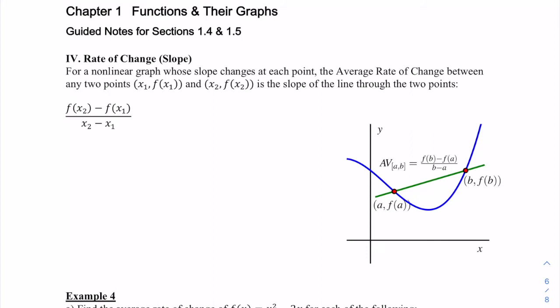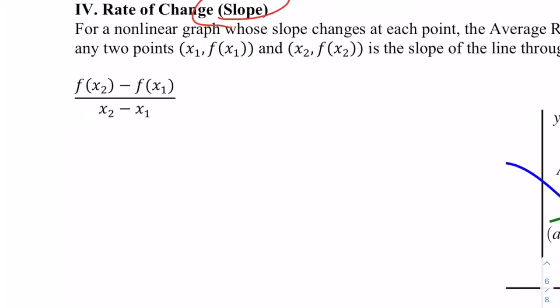Now let's go back to the difference quotient and the rate of change. If we're going to find the average rate of change, we would have to actually consider 2 points. So another way to do this is to say we have one point at A and another point at B. The point at A, if I plug that into the function, I'll get f of A. And if I plug B into the function, I'll get f of B. If I wanted to find the average rate of change, or the slope, I would subtract the x's and the y's, right?